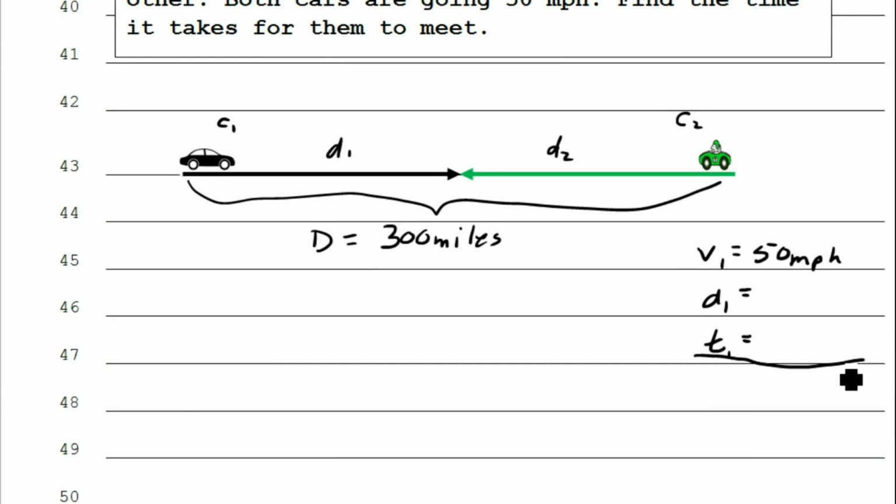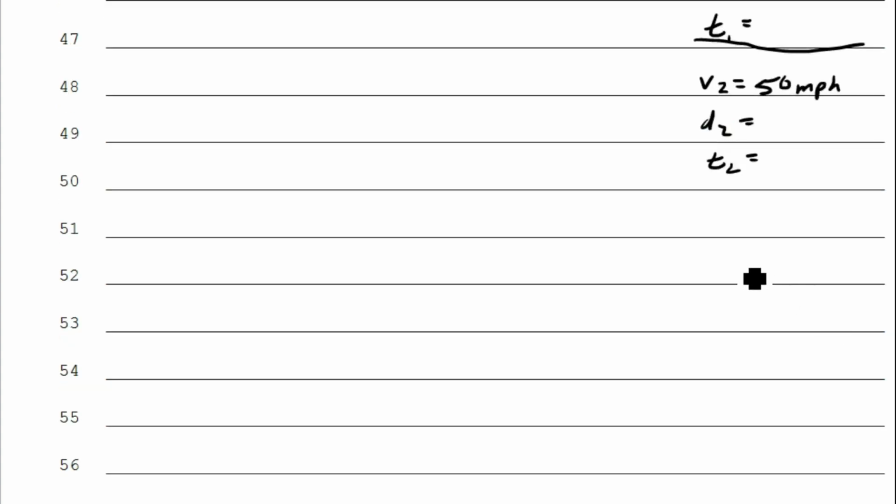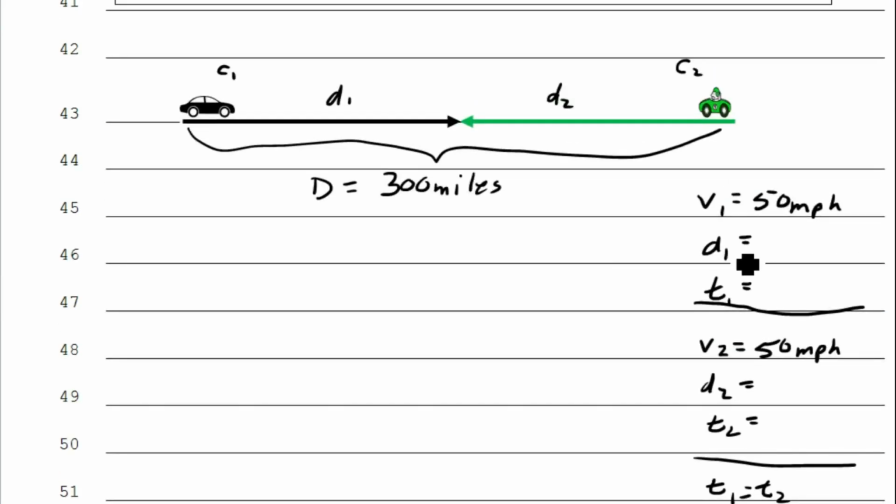And for the second car, we have 50 miles an hour. D2 we don't know, and time we don't know. But we do know that T1 equals T2. They're both on the road the same amount of time. And as always, we have D equals D1 plus D2.